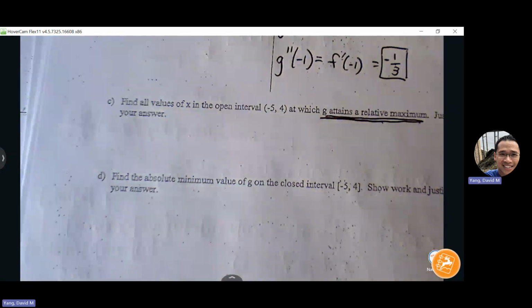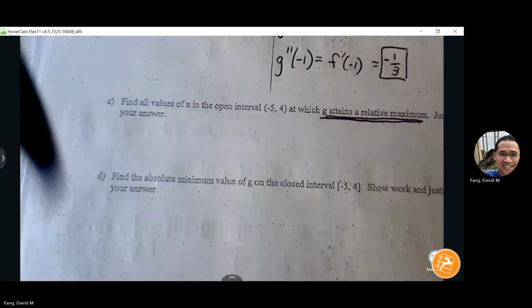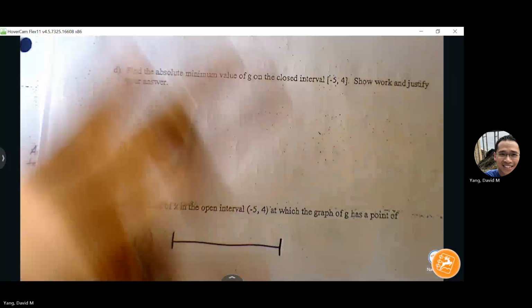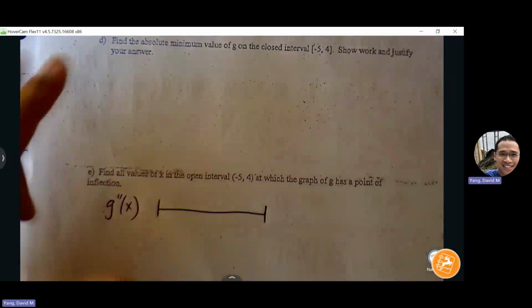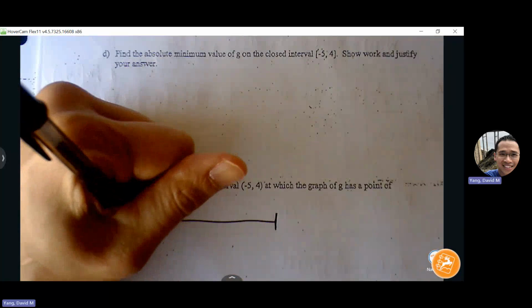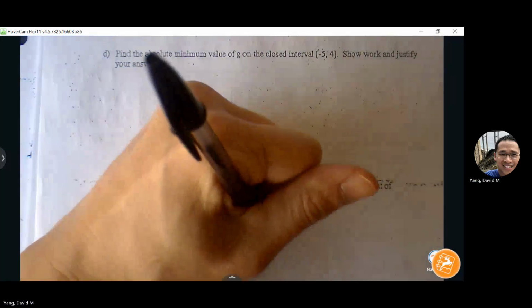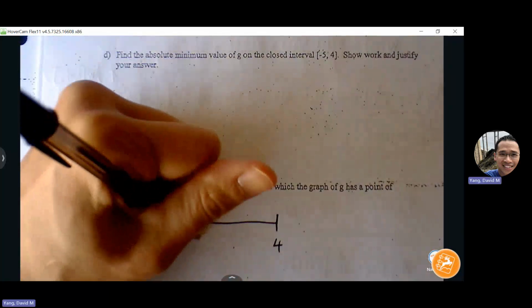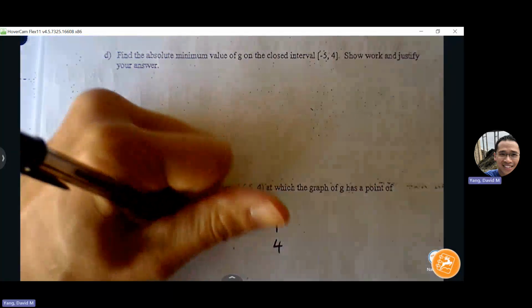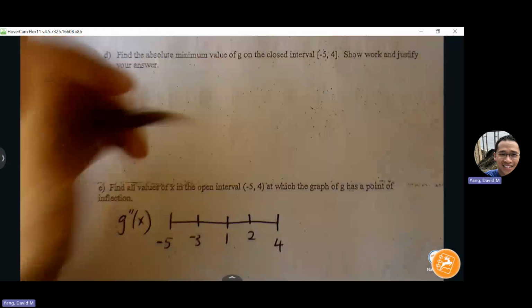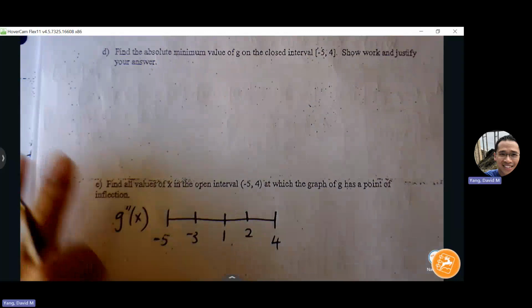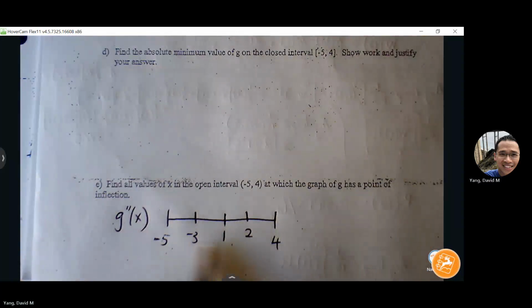If the question was asking about concave up, concave down, we can provide that as well. But I'm going to have the endpoints here: -5, and we said -3, 1, and 2. Okay, this is my second derivative graph here. It's not needed for this problem, but it may be needed for a future problem. So I just want to fill this in here.